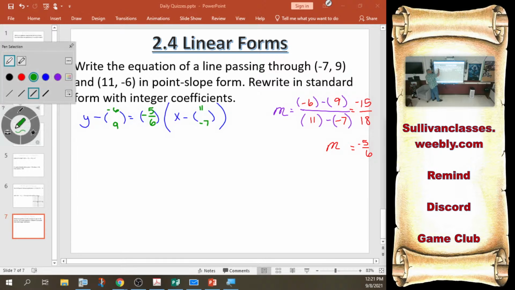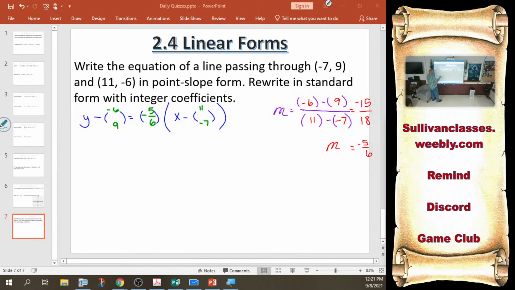Meaning, since folks are going to use either one, you either had y plus 6 is negative 5/6 x minus 11, or you had y minus 9 is negative 5/6 x plus 7. So either one of those is your point slope form.